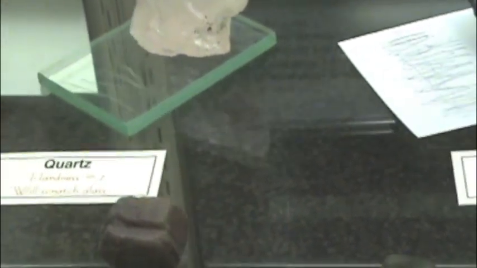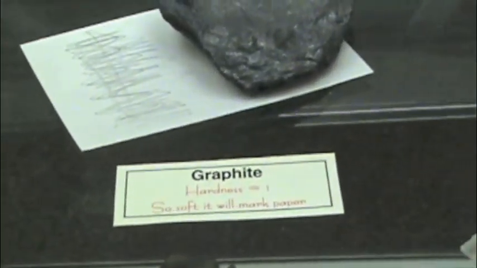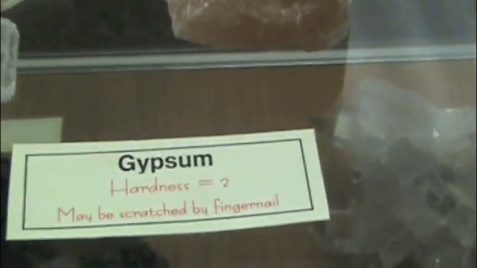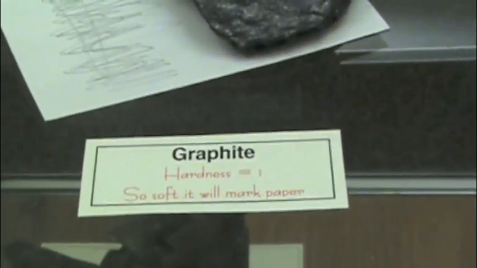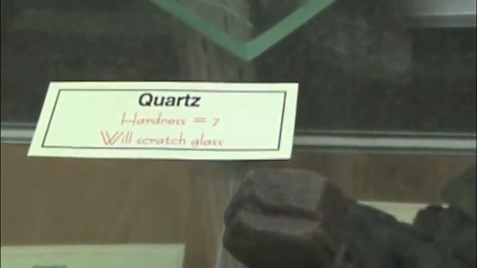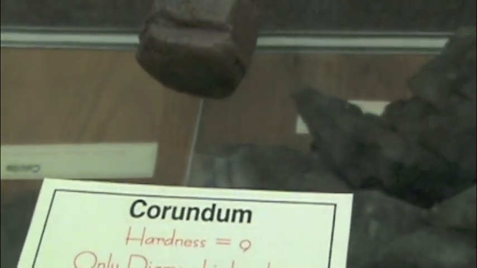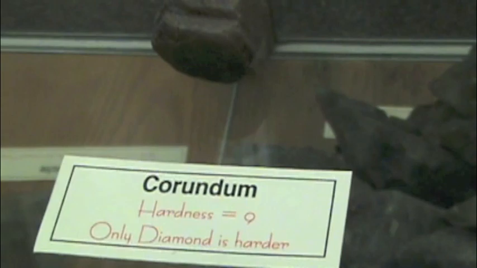I think that was a 7. Gypsum, of course, had a hardness of 2. Remember, we could scratch it with our nail. Graphite has a hardness of 1. Quartz, again, was a 7. So I believe you have a question on your sheets regarding that.